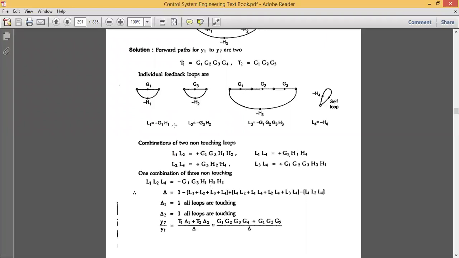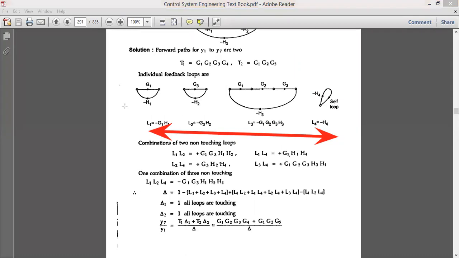Which are all the loops? These values, from L1 till L4, are all the loops. So how to write: first write 1, then put a minus, then in a square bracket write L1 plus L2 plus L3 plus L4, the first combination.